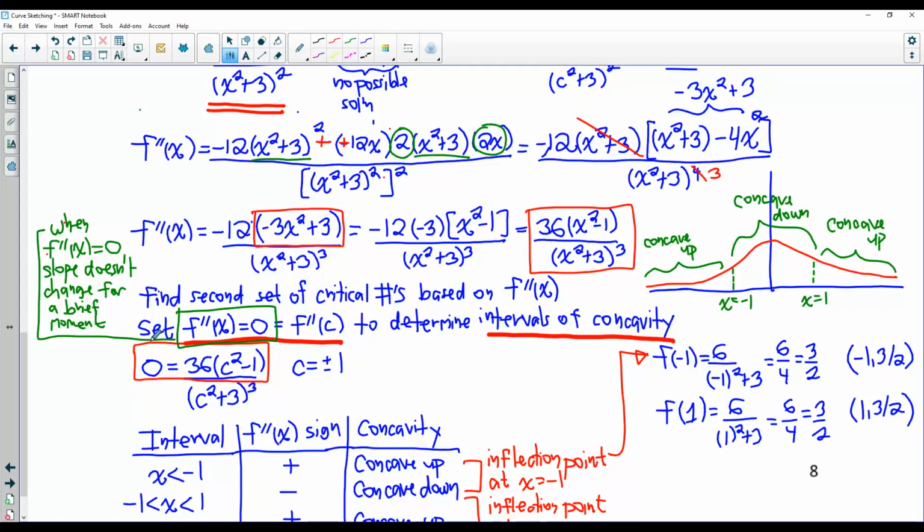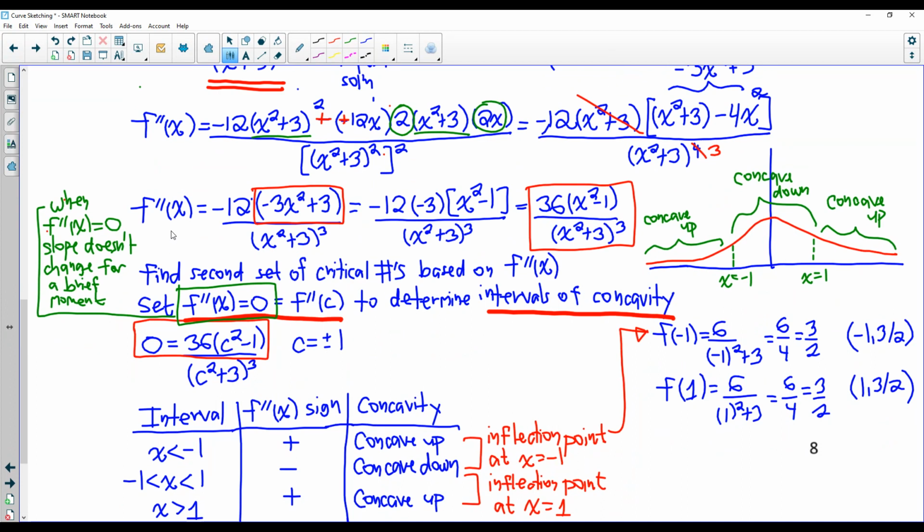And that's what's happening, because at a point of inflection, your slope's no longer continuing to increase or continuing to decrease. It's actually changing whether it's increasing or decreasing at that point. So at the point of inflection, it's almost like it doesn't know what it's doing. So for one brief instant, f double prime of x is equal to 0 because the slope isn't changing for a moment. And then right after you're past that point, you have a change in concavity.